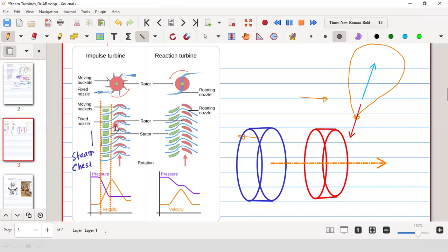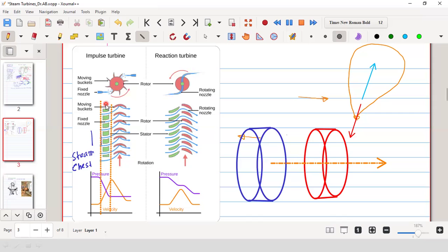Basically, that is the principle of reaction. Within the blade passage, there will be a pressure drop and a corresponding reaction on the blade, and that is the characteristic of a reaction turbine.